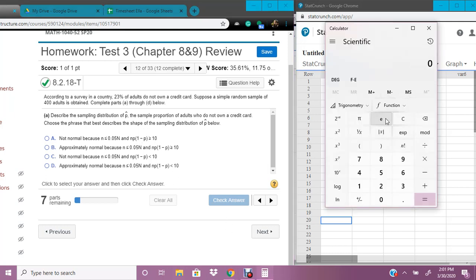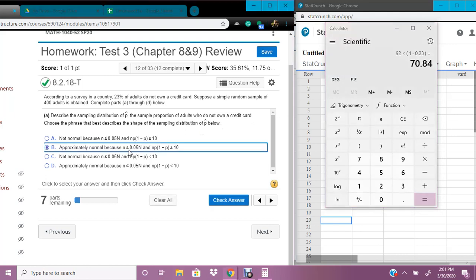We'll start out with our n, which is 400, and times that by our proportion, 0.23. We always put a percentage into a decimal, and then times that by 1 minus 0.23. And that is definitely greater than 10, and so it is normal.